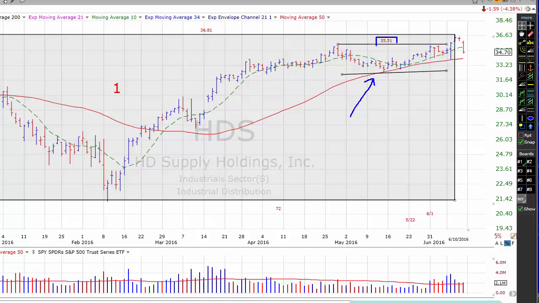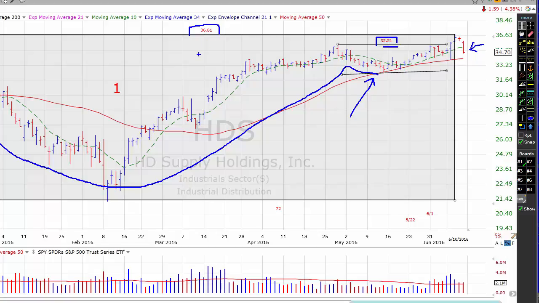But what we could say is that HDS has formed a cup and handle and tried to break above that in the 35.51 area and failed last week. Finally, we have this consolidation base, and the consolidation base has a pivot point up here in the 36.81 area. We've been saying that's the more conservative entry.